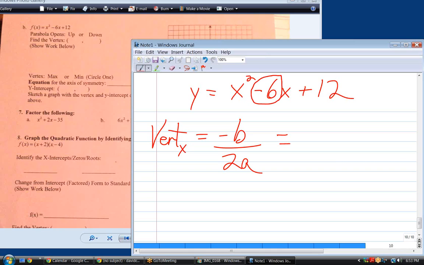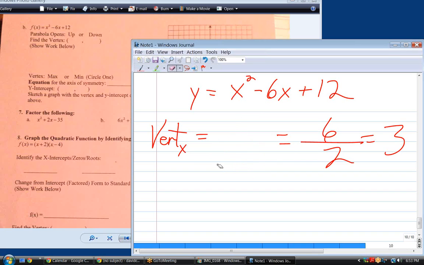If b is -6, then what is minus b? 6. Okay. What's a? Is that 1? So 2 times a is 2. So the x-coordinate of the vertex is 3. So it's relatively simple to come up with the x-coordinate of the vertex by this method.